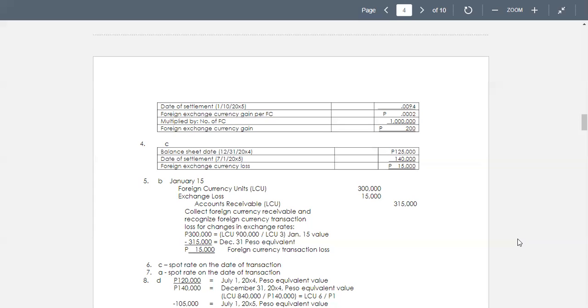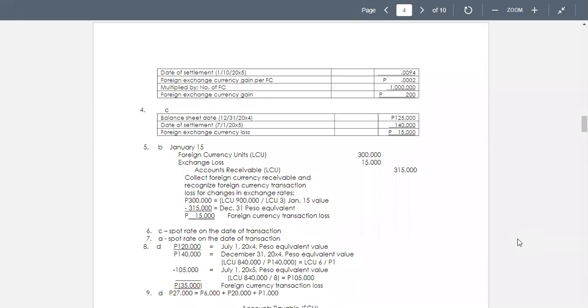So you get 34,100. That's letter A. Inventory debit 34,100 taken by multiplying 310,000 by 0.11. That's your spot rate. In number 7, that's the spot rate on the date of transaction.